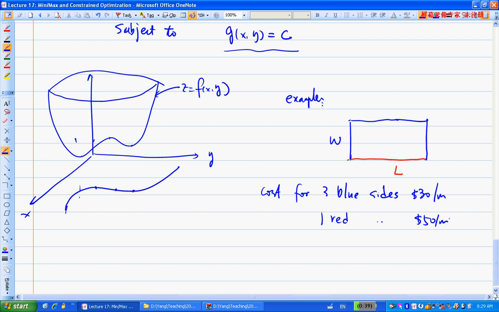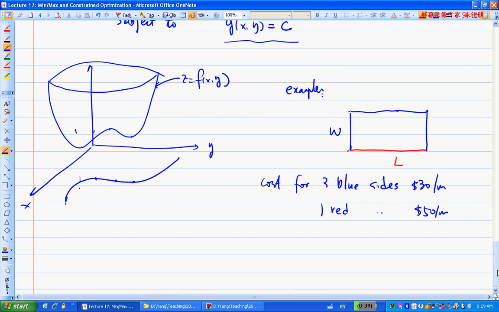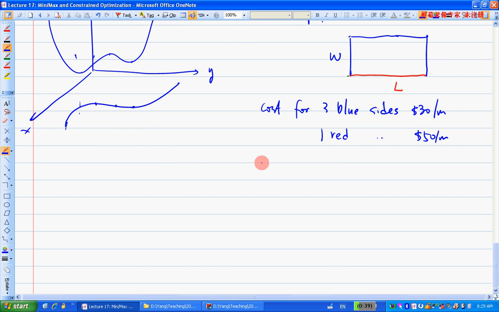Then your total cost is going to be how much? The three blue sides are $30 per meter. How many W? I have 1W, 2W there, and a 1L.